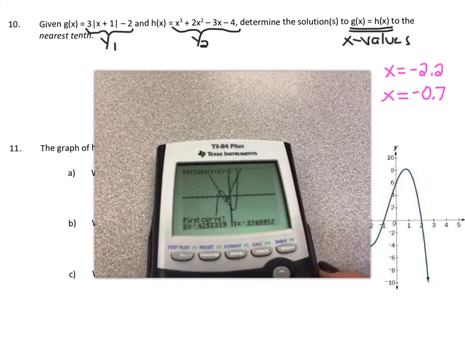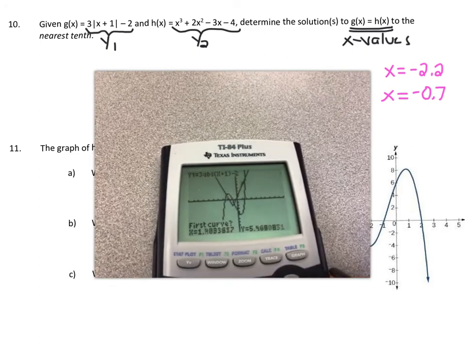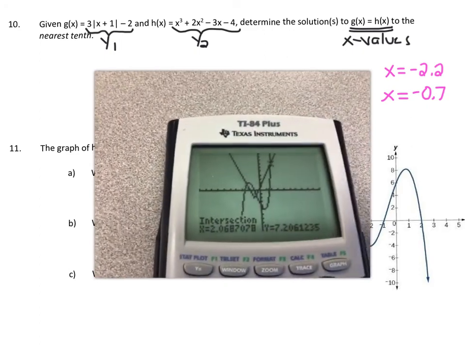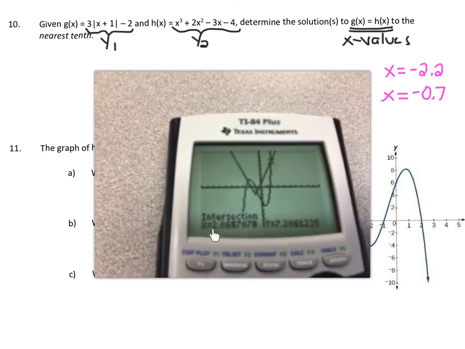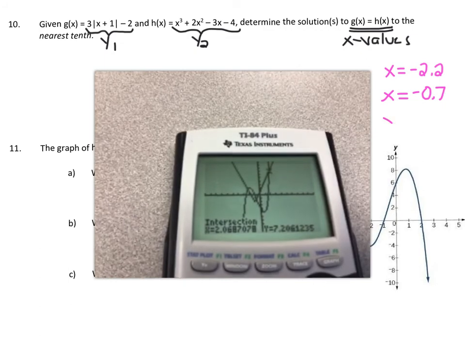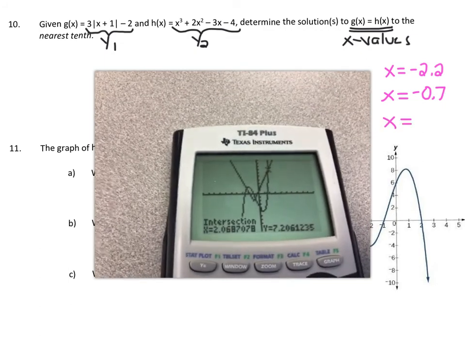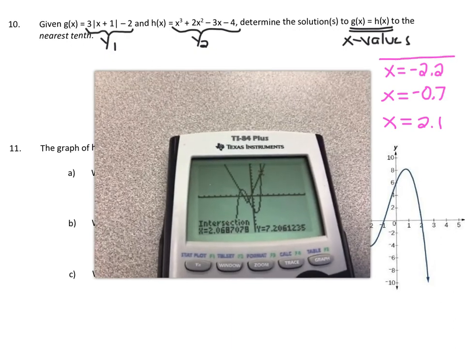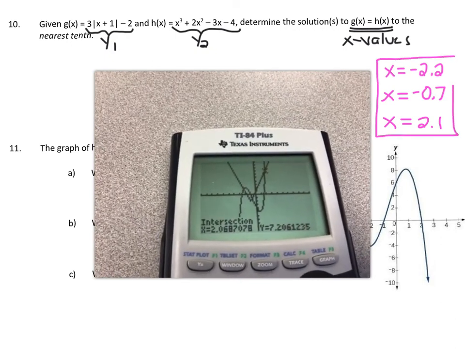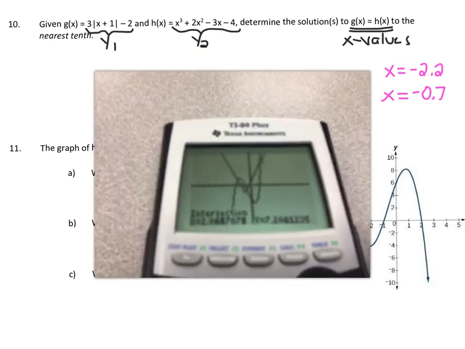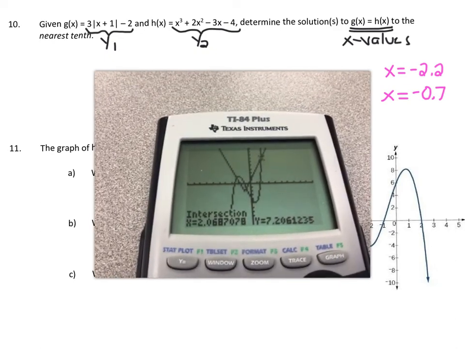And I'm going to move my right arrow key till I get to the third point, and again, just hit enter, enter, enter, and you'll see that the x value is at positive 2.1. Oh, finally, I have one right on the answer key. So that's at x equals positive 2.1. Okay, so again, hopefully before you watch this video, those will be corrected on the physical answer key. So hopefully you won't even see those mistakes.